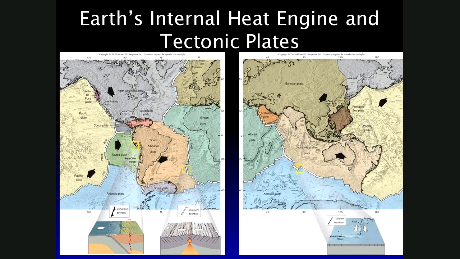Now on the next slide, we'll see the effects of these engines. First, about the engine that is inside the Earth. What does it do to the Earth materials inside the Earth? It makes them move, circulate, and transfer the heat energy from the interior to the surface area. And guess what happens as a result?